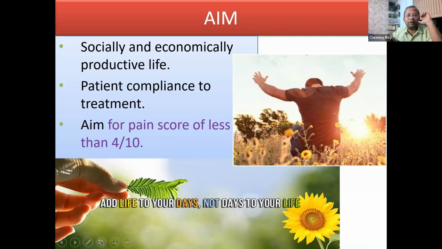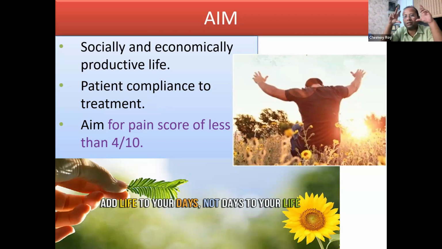Patient compliance with treatment is also our concern. You are giving a lot of drugs, but the patient is so depressed that the patient is not compliant, doesn't listen to you. So you have to see that area also.